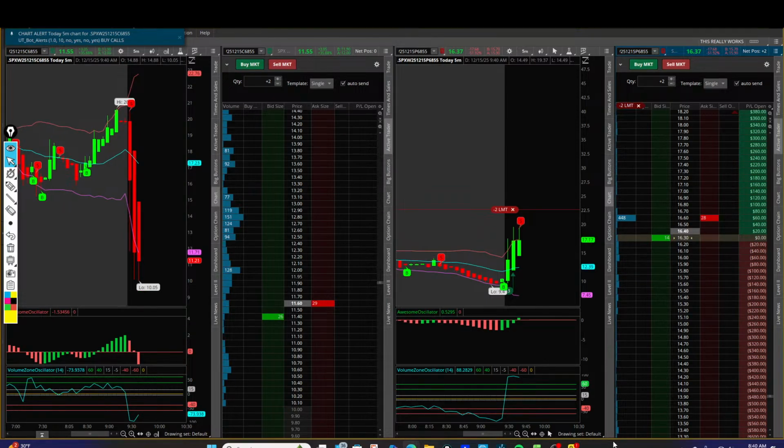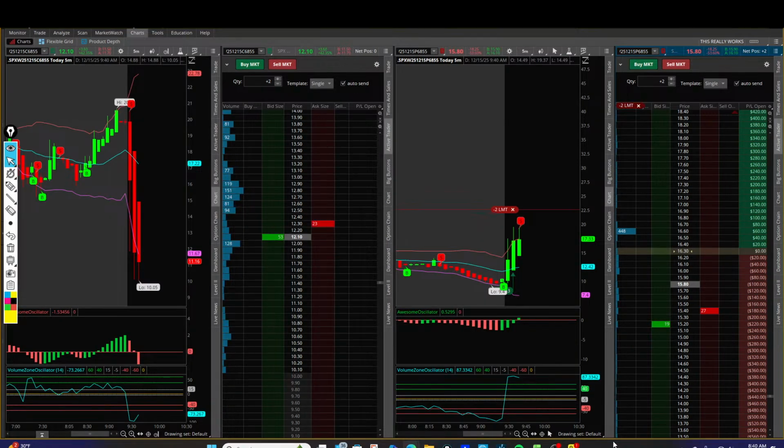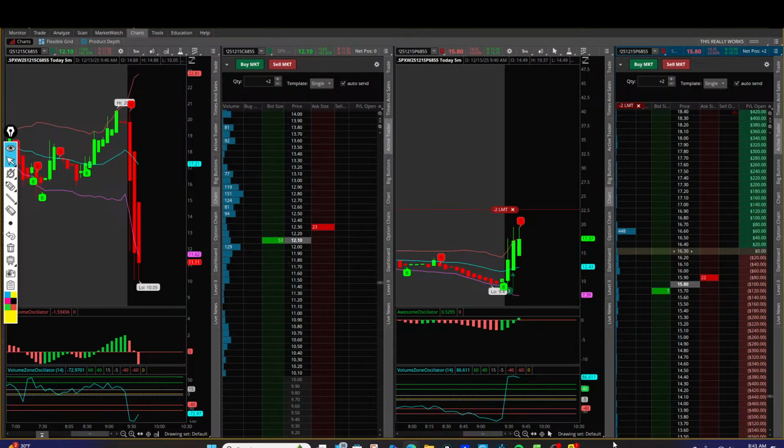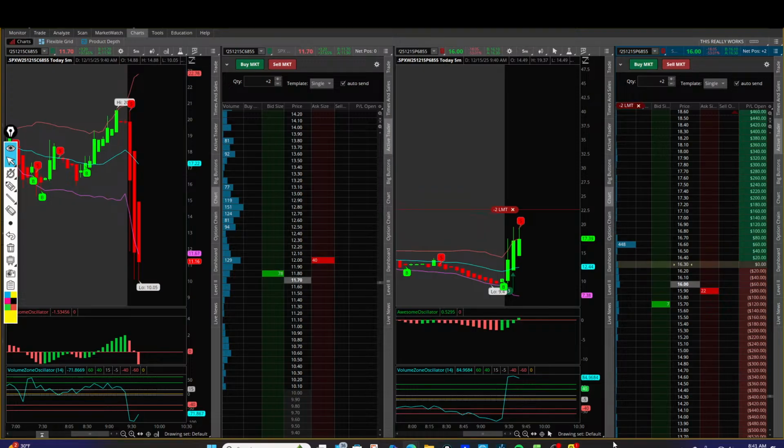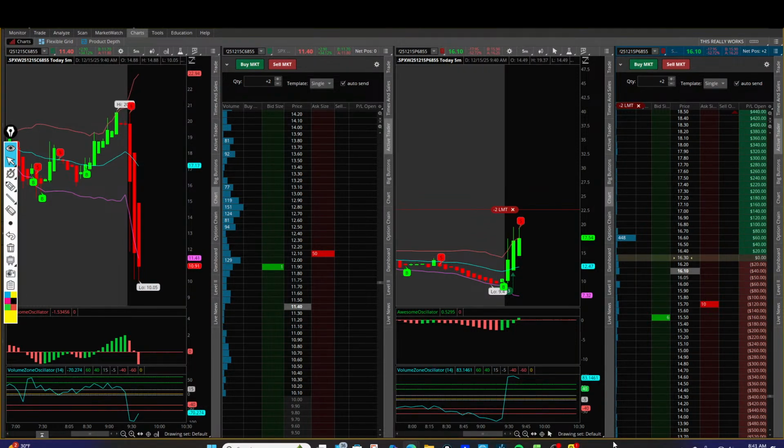Okay, buy signal on calls. Disappeared though. It's just a waiting game right now, waiting to see if the put side is going to take off.